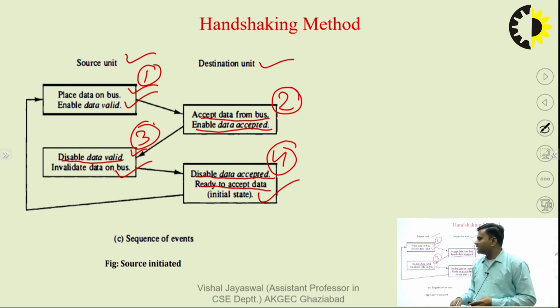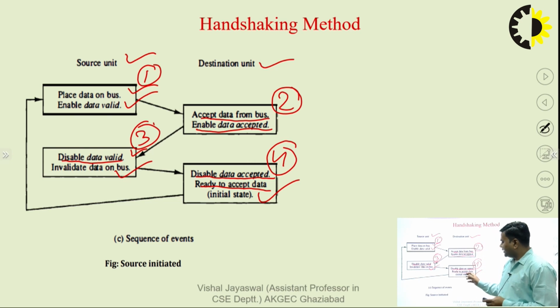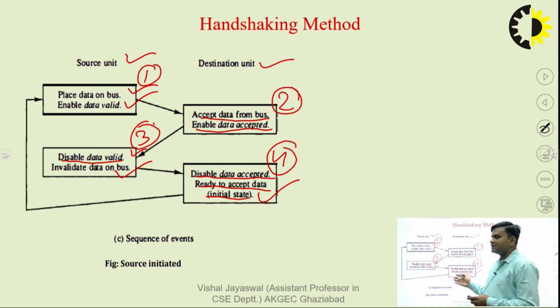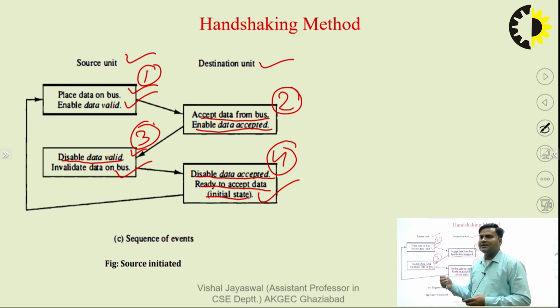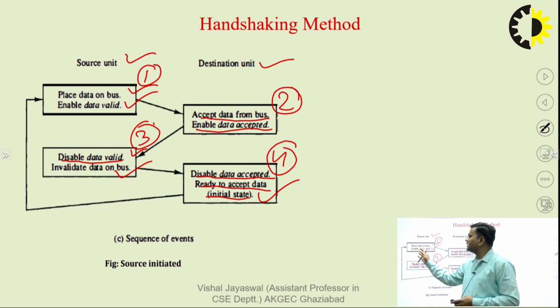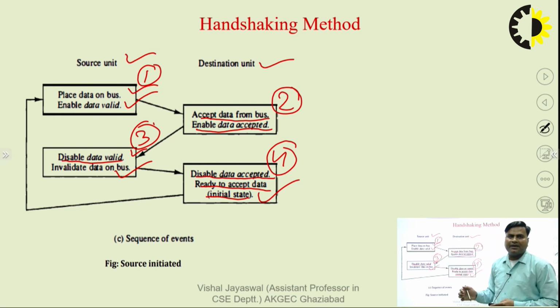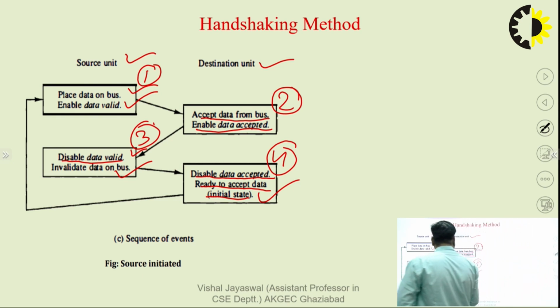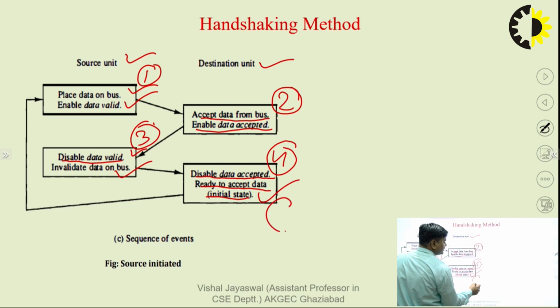Basically, the process starts from here, and this is the initial state, and from the initial state the destination is ready to accept the data, and then the source places the data on the bus and enables the data valid. The starting point of this transfer is here.